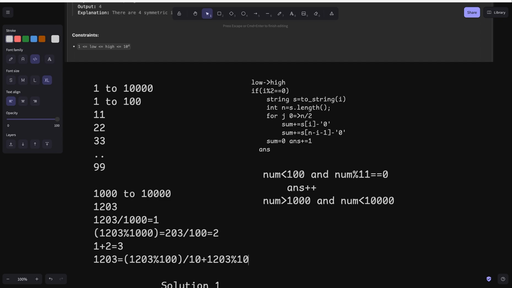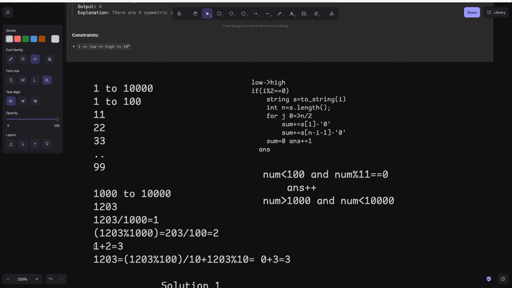This one would give us 03, and 03 divided by 10 would give us simply 0. So it will be 0 plus 1203 modulus 10, that would give us 3, because the remainder of divide by 10 would be 3. So this gives us 3.